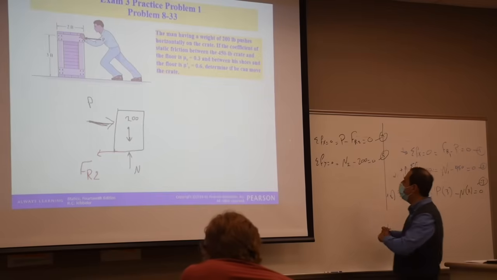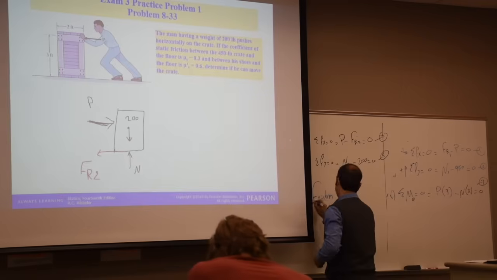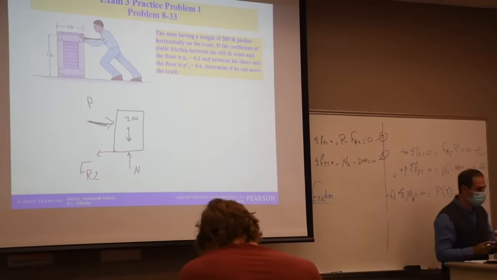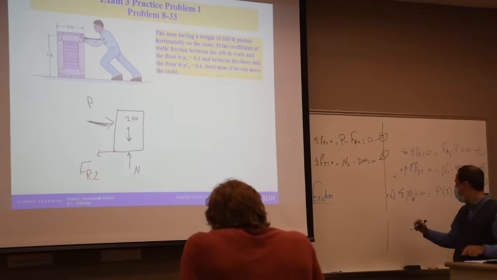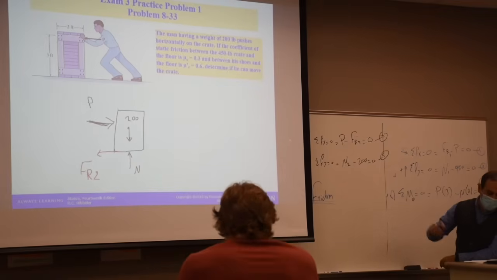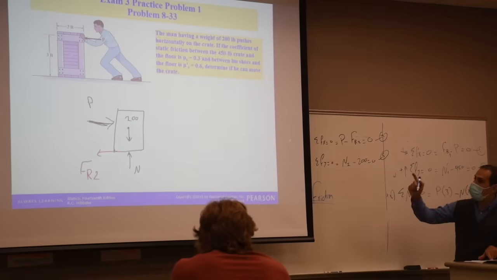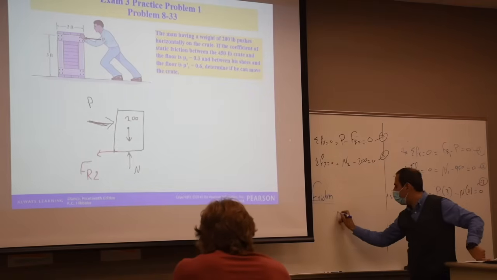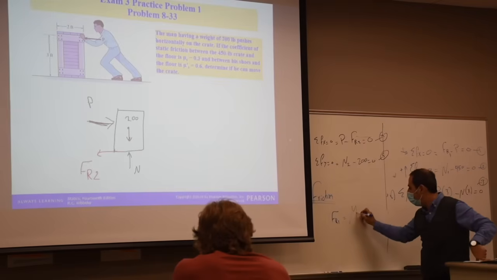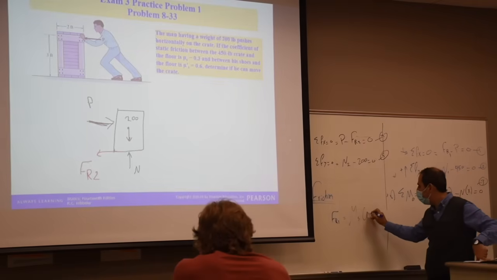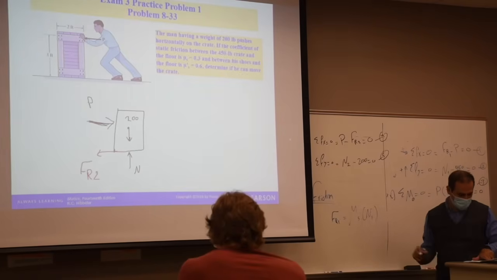Now, for the friction equations, first thing, if we are about to move, FR1 should equal mu s multiplied by the normal 1. Correct?